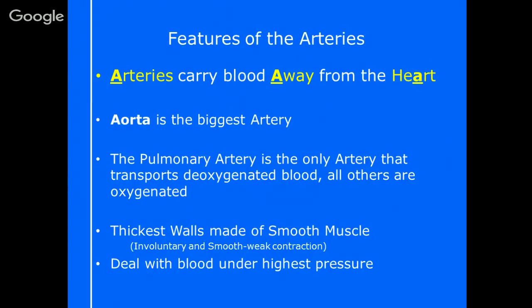They have really thick walls, arteries, really thick walls. They're made of something called smooth muscle. So smooth muscle is different to cardiac muscle, different to skeletal muscle, and smooth muscle basically is involuntary, just like the heart is, which means that we don't have to think about it contracting. But instead of it being stripy, instead of having these lines through it, it's smooth, which means it's quite a weak undulating contraction.